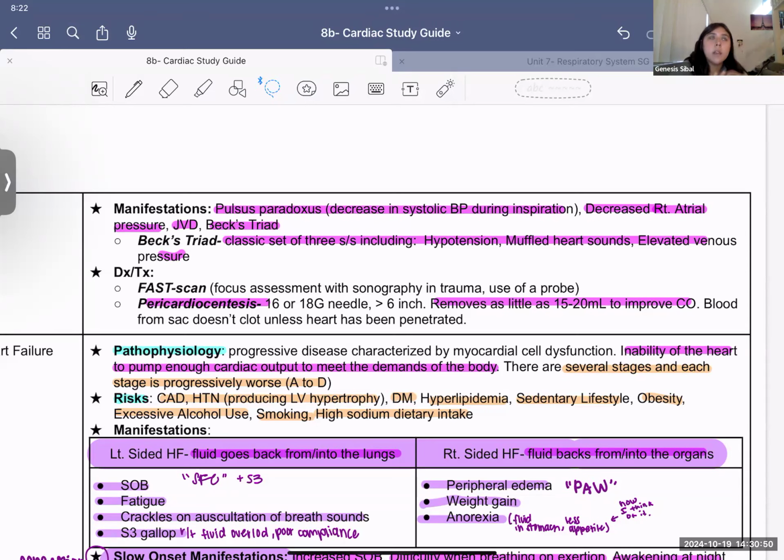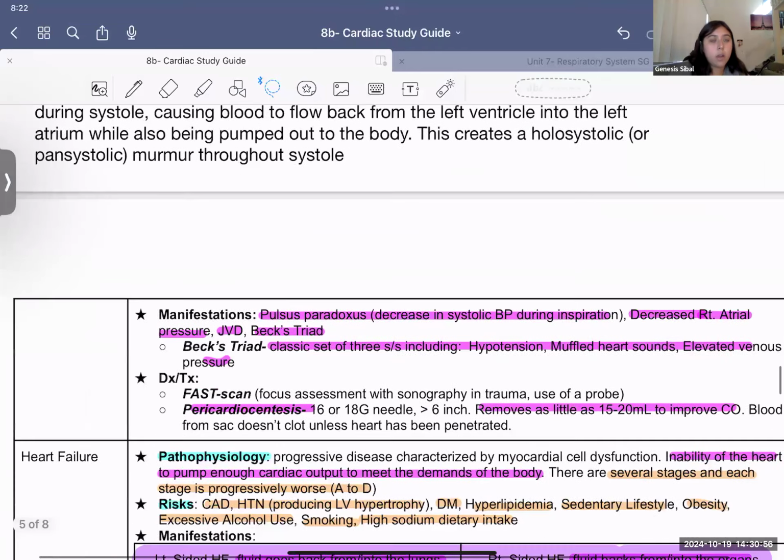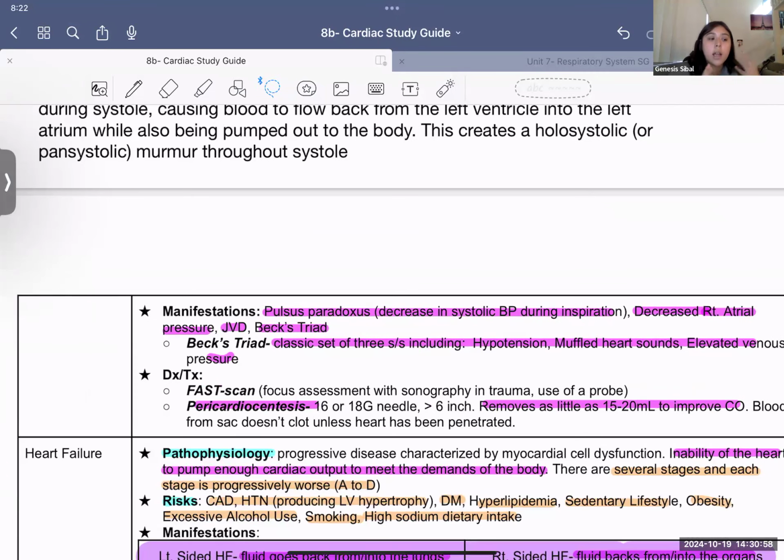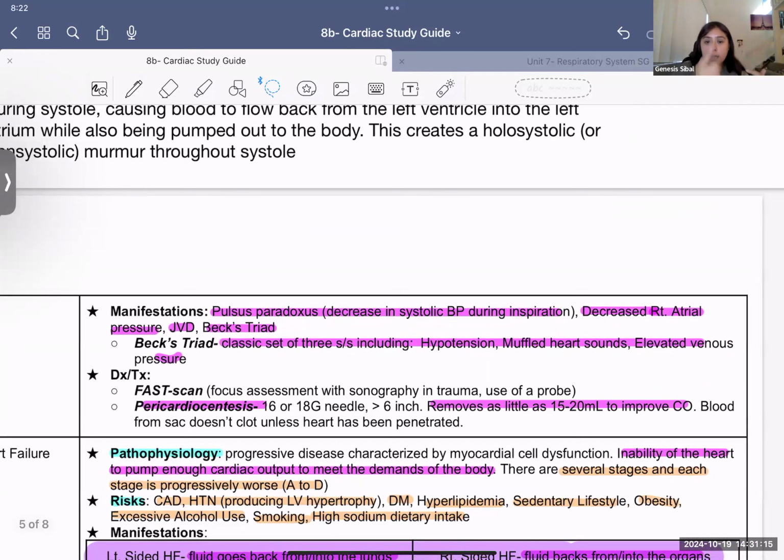And so keep in mind that this is fluid buildup, usually blood, maybe associated from the outside of that heart layer, which is the pericardium. So of course your heart is compressed, so you're not going to be able to hear the heart because it's compressed and now has so much fluid around it. And so it's like, how am I going to be able to hear it? And because of the blood pressure changes, you're going to see the hypotension because you're having decreased cardiac output, decreased venous return, and then elevated venous pressure because it's trying to get that venous return and get that cardiac output higher, right?